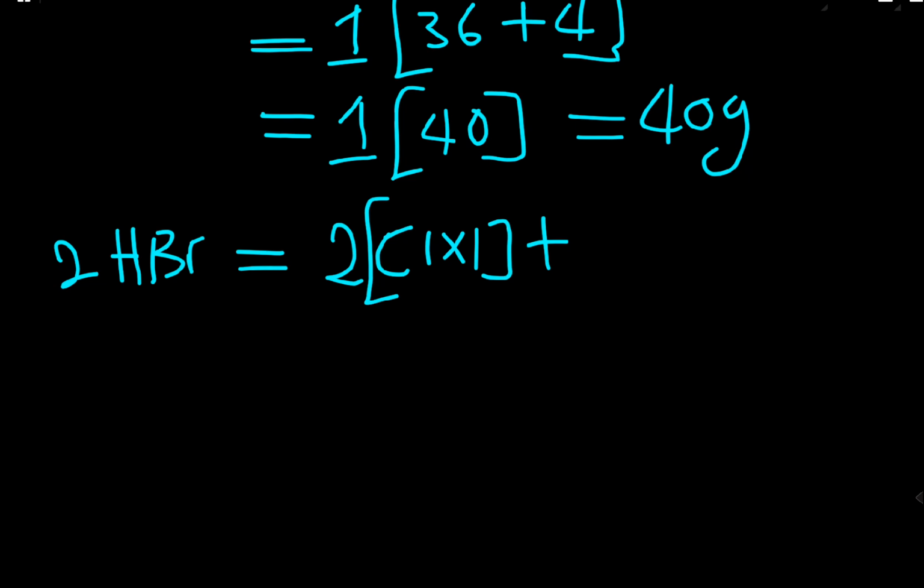So we say 1, because there's an invisible 1 here, so also an invisible 1 here. So we say 1 times 80, which is the atomic mass of bromine.